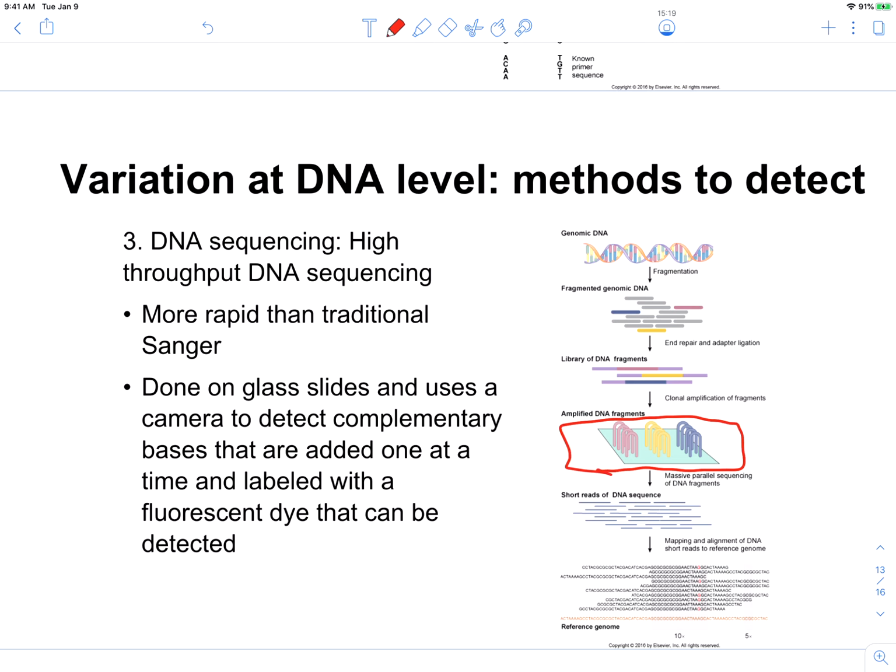The fluorescent label would be used. So your A would be pink, G would be blue, for example, and then you would be able to read this, and then you can take these DNA sequences and plug back in their actual sequences based on the fluorescence of the dye at the particular locations.